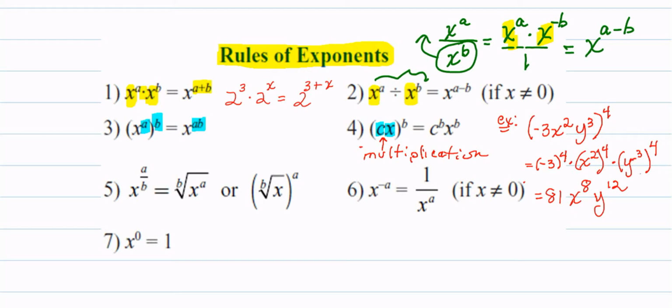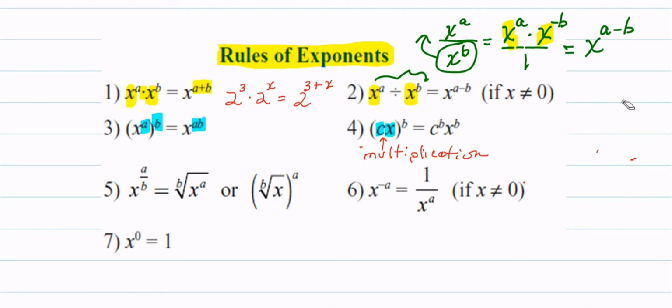Okay, so now let's take a look at example 5. Rule 5. In rule 5, we are learning to write our exponential forms as radicals, and radical form into exponential form.